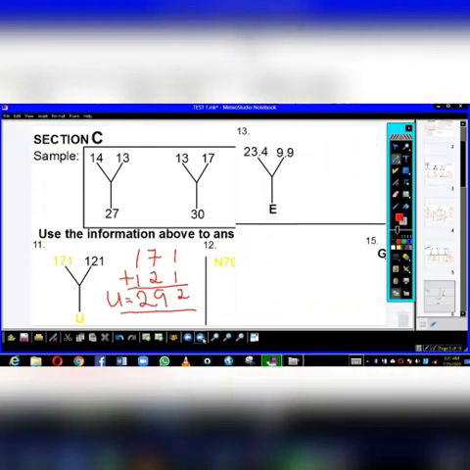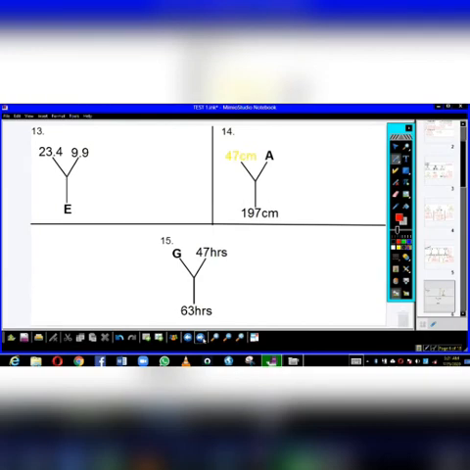Now let's proceed to number 13. In this number 13, here we need to add, that is 23.4 plus 9.9. 4 plus 9 will give me 13. Write 3 and carry 1. 1 plus 3 is 4, and 4 plus 9 will give me 13.